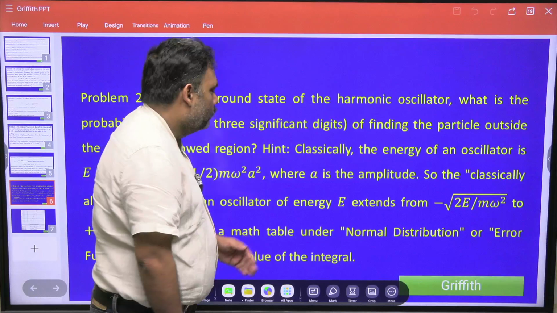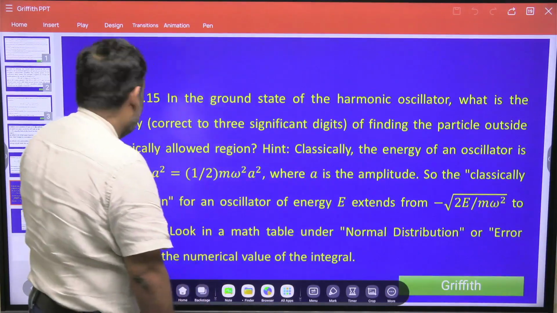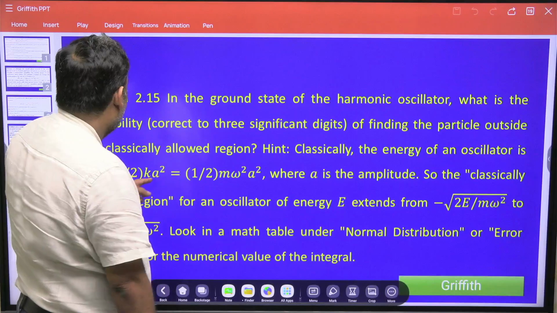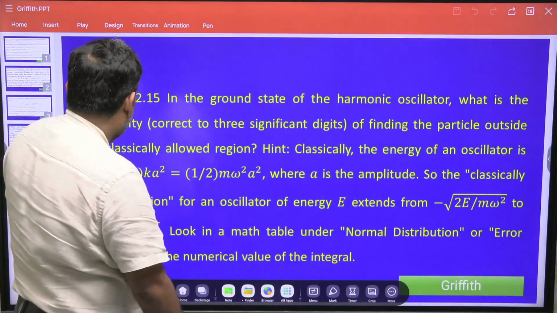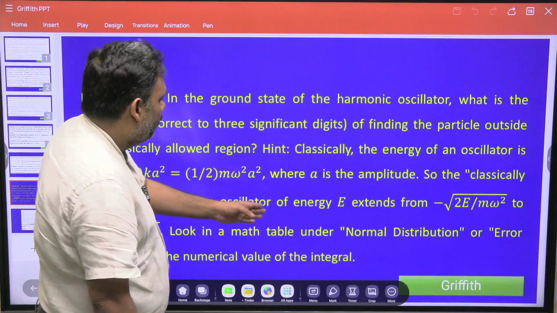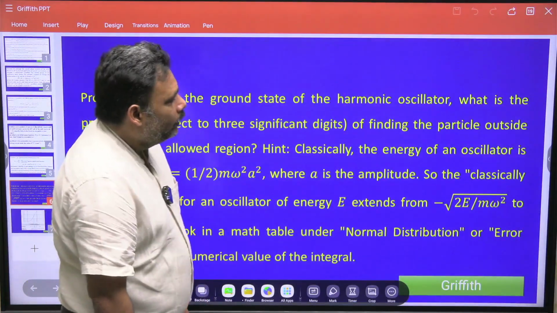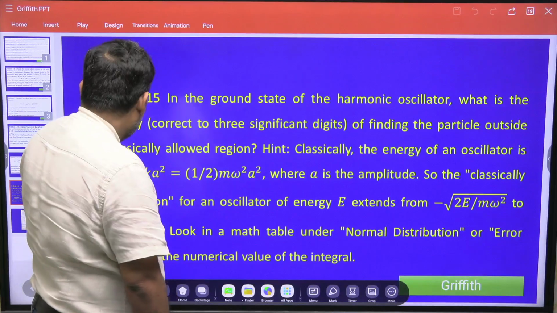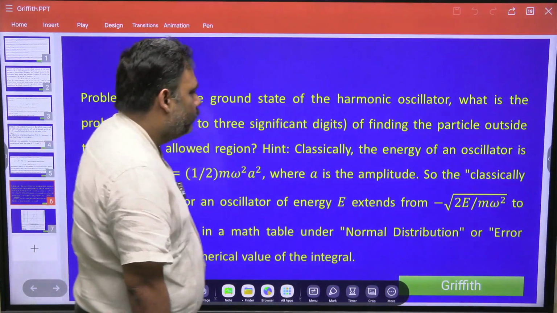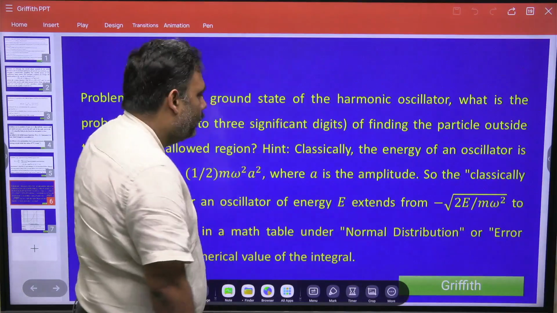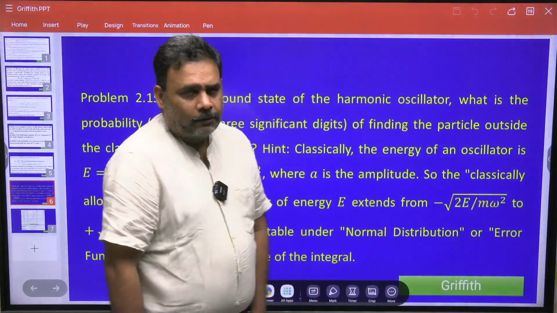And it is also given as a hint that classically the energy of the oscillator is half k a square, where a is the amplitude, so that the classically allowed region for an oscillator of energy E extends from minus root of 2E by m omega square to plus root of 2E by m omega square. And to solve this problem, we have to use the concept of the error function or normal distribution also.